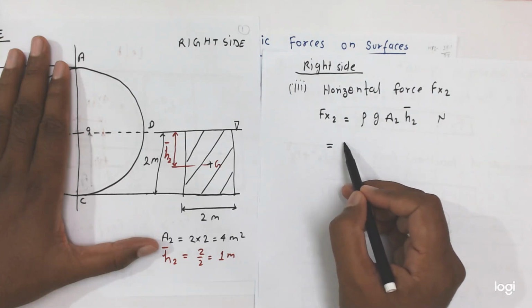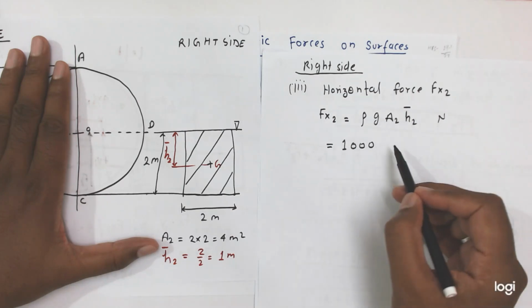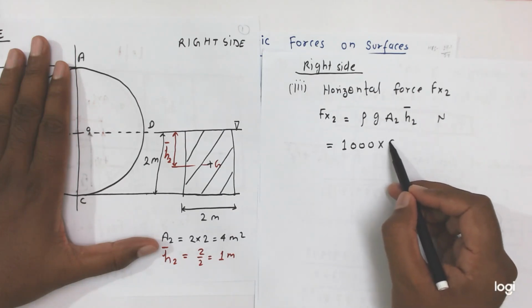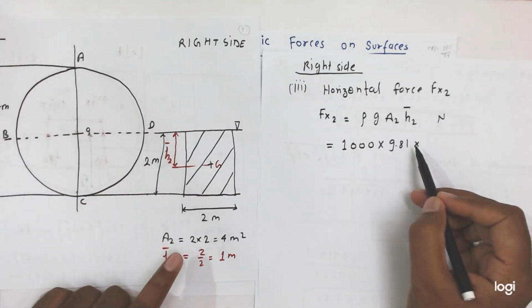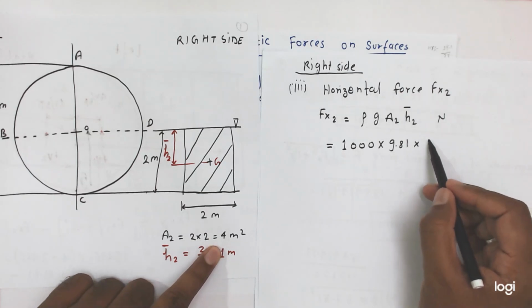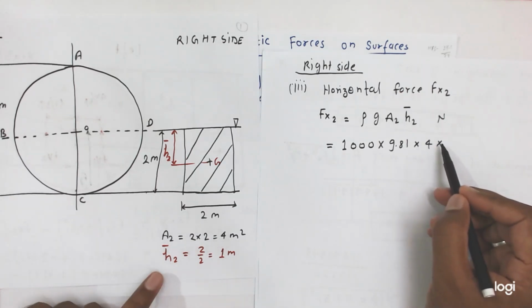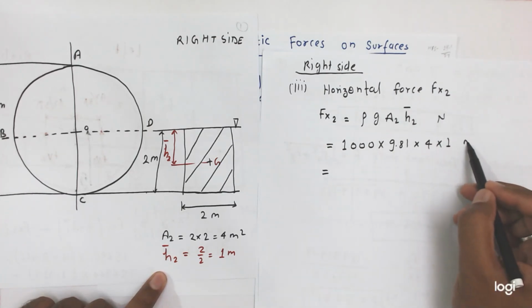So it is equivalent to, we will put the values: 1000 density into 9.81. Area we calculated here, 4 meter square, into h bar is equal to 1 meter. So this is in Newton.